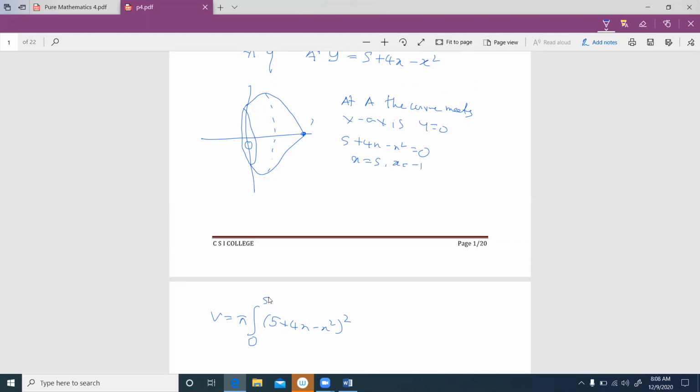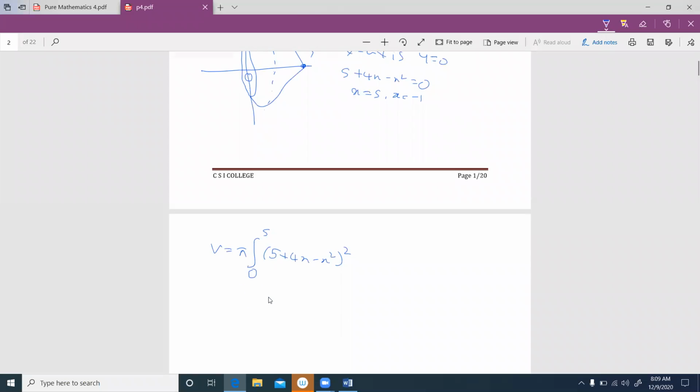You just expand the bracket, 5 plus 4x minus x squared, and then integrate the individual terms. That is the way of doing this kind of question. Now you try this question. The only thing is that you have to expand this: 5 plus 4x minus x squared times 5 plus 4x minus x squared.